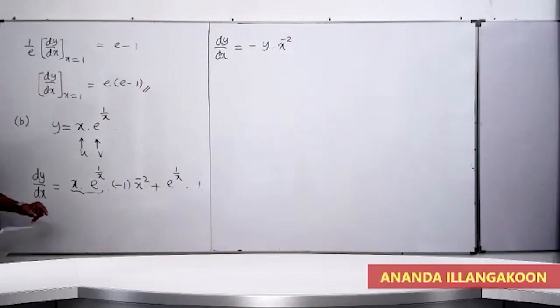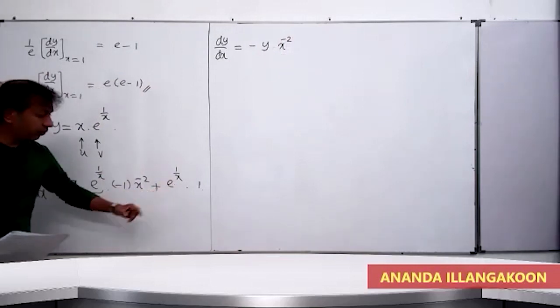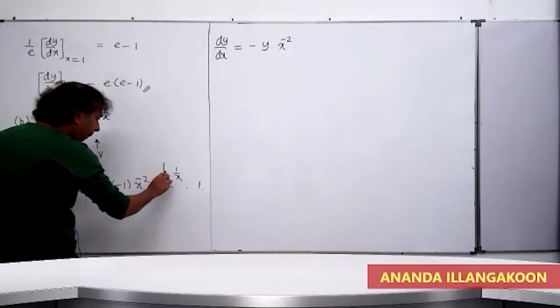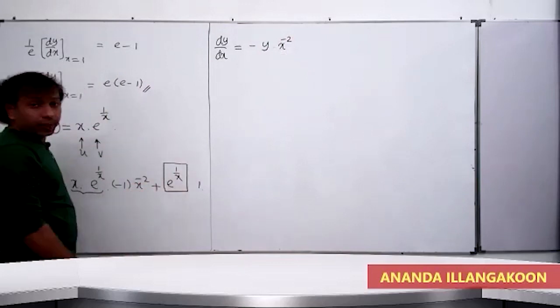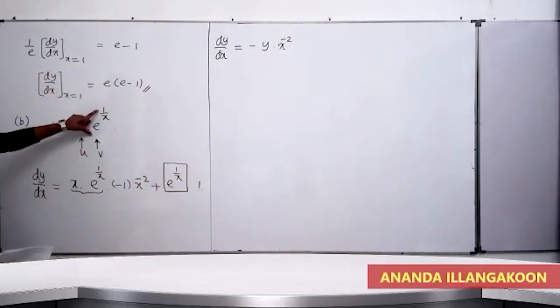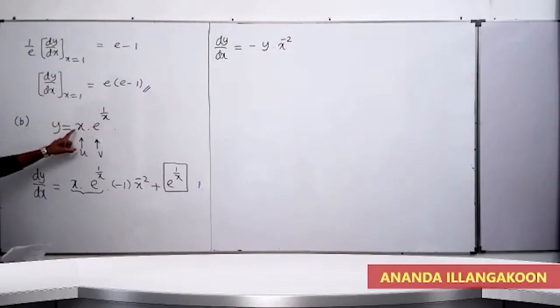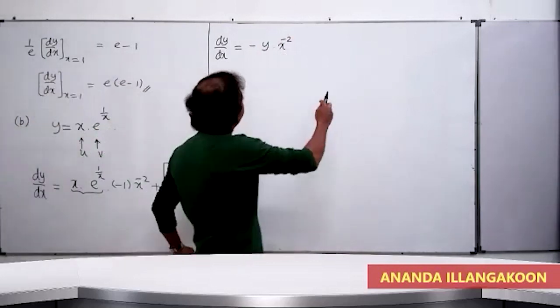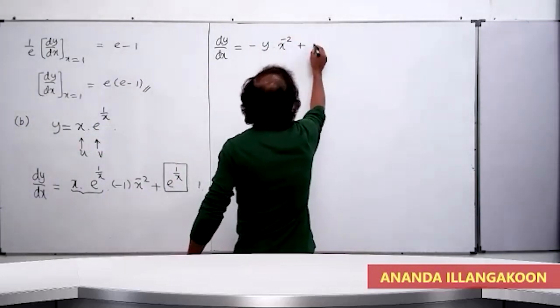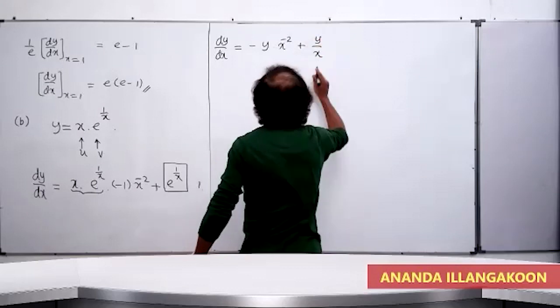This e to the power 1 upon x can be substituted by this. How? Dividing by x both sides, then y by x comes. Y divided by x.